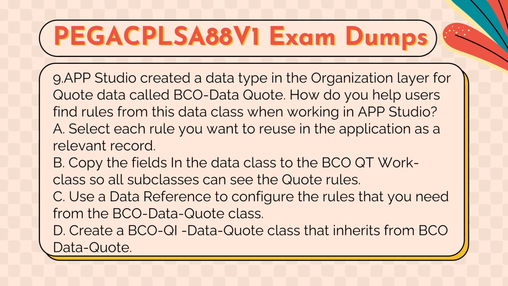B. Copy the fields in the data class to the BCOQT work class so all subclasses can see the quote rules. C. Use a data reference to configure the rules that you need from the BCO-Data-Quote class. D. Create a BCOQI-Data-Quote class that inherits from BCO-Data-Quote.